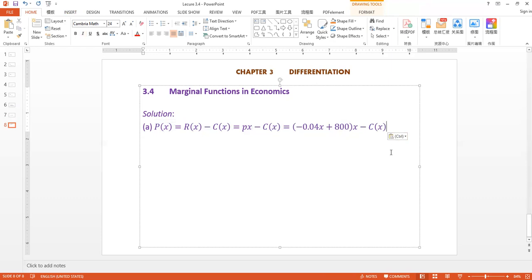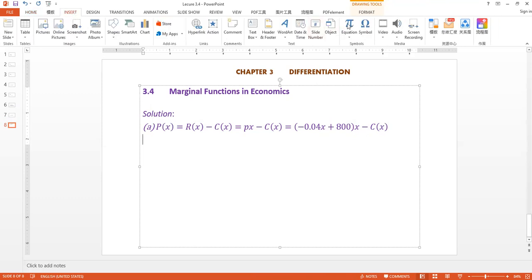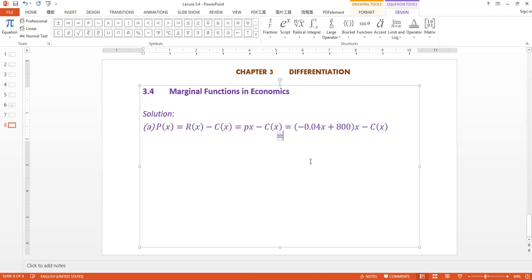Okay, so then we can plug in things term by term. Then we can just distribute x in the first part.